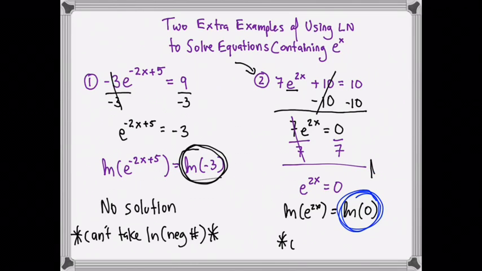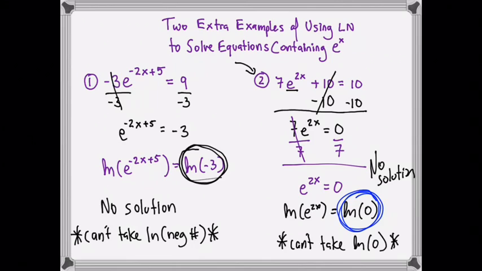This is no solution, by the way. And we can't take the natural log of 0. So that's bad as well. Okay, and so in the next slide, I'm going to show you why you can't do a negative number or a 0. So let's take a look.